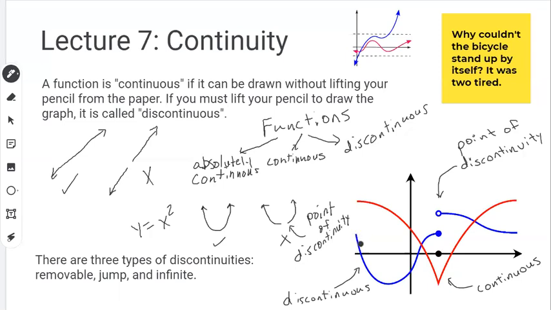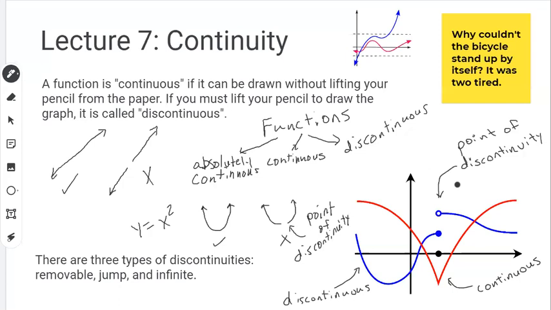It's because when I draw the graph and I get to this point, the graph has a gap in the range, right? I start down here and then I jump all the way up to here. And then the function keeps on going in this direction. So this would be the point of discontinuity right here. That's where the disconnect happens. So that's why the blue function is discontinuous while the red function is continuous.